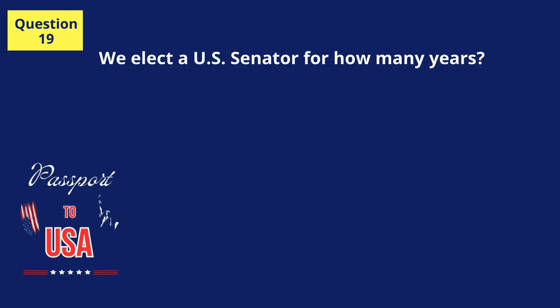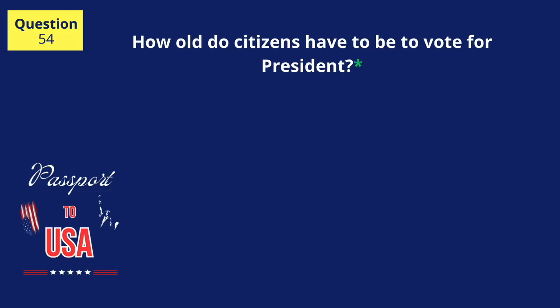We elect a U.S. Senator for how many years? Six. How old do citizens have to be to vote for president? 18 and older.